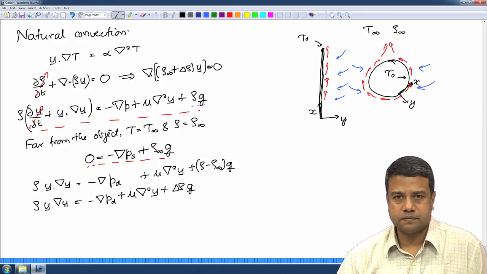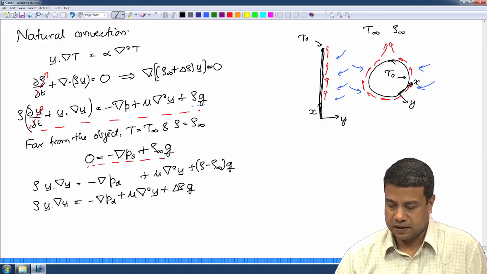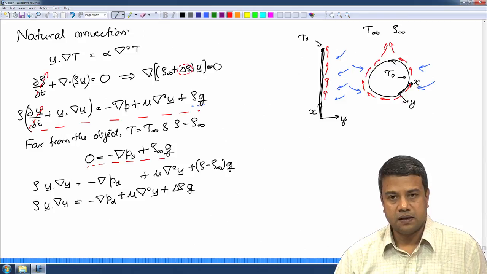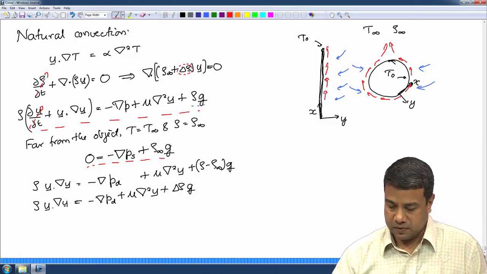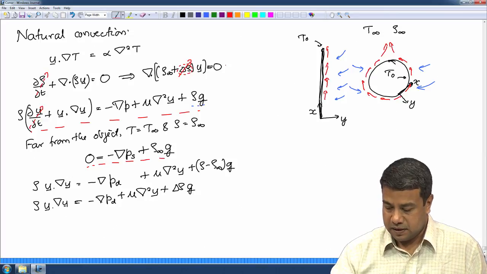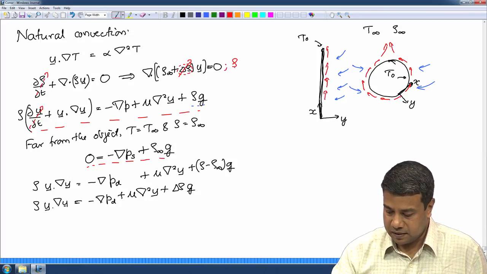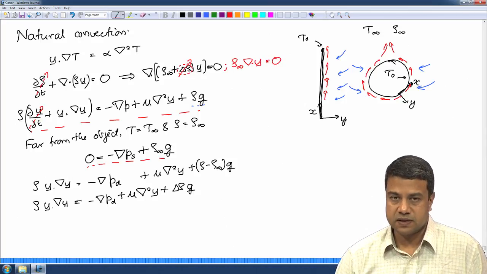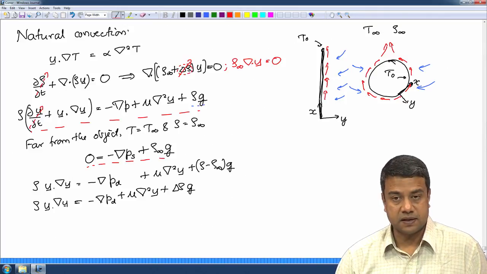And if delta rho is small compared to rho infinity, I can neglect this term here, and this would basically give me that rho infinity times the divergence of u is equal to 0. So, it reduces to a divergence free condition for the velocity itself.